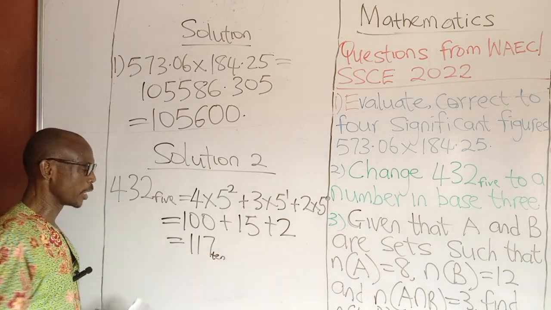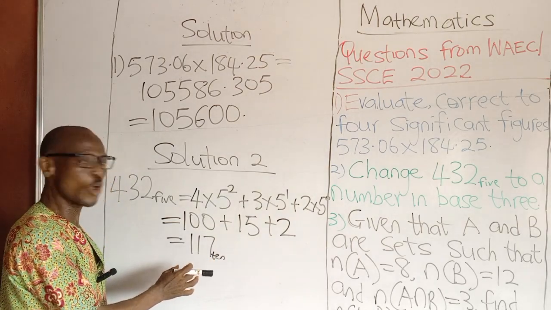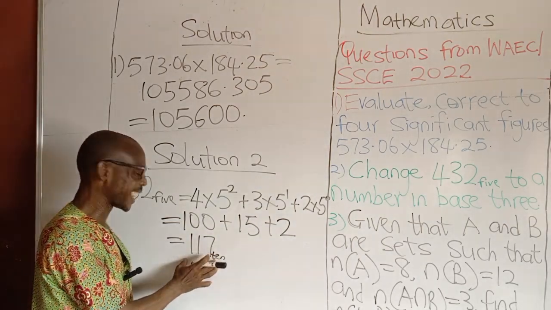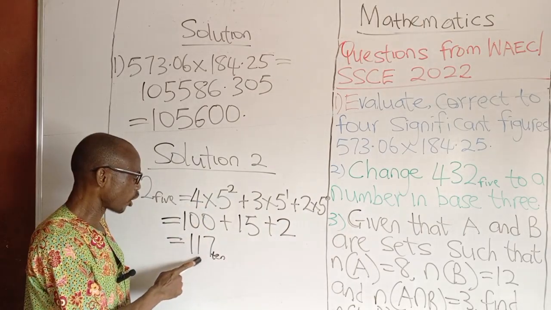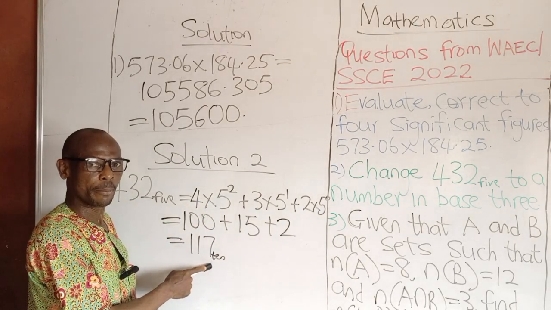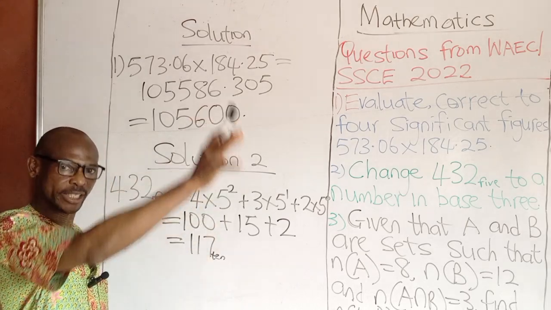This is now in base 10. So how do we get our base 3 now? We are going to convert this base 10 into base 3 by dividing 117 by 3, and every remainder we will be keeping there.